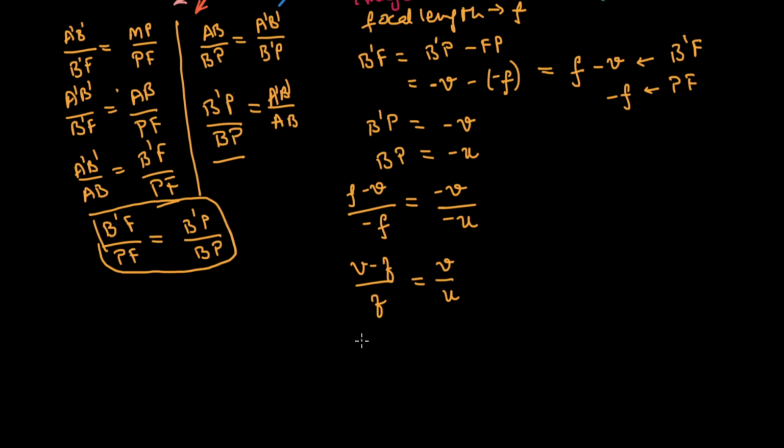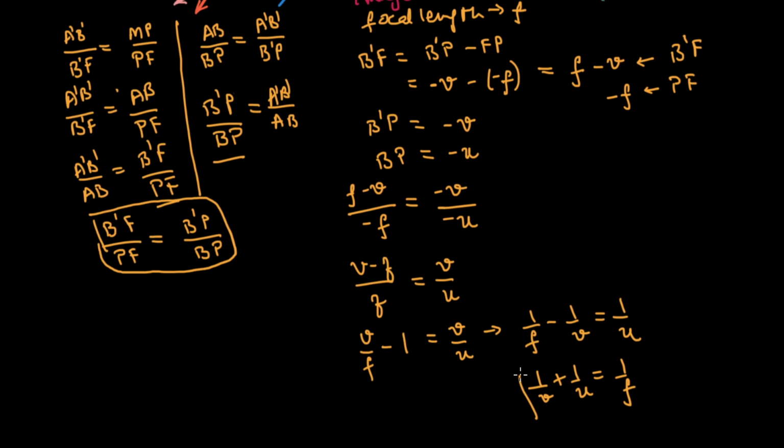Writing this again, V by F minus F over F, which is 1, equals V by U. Dividing both sides by V, we get 1 by F minus 1 by V equals 1 by U. Taking this over to the right hand side, we get 1 by V plus 1 by U equals 1 over F. That is what is called the mirror equation.